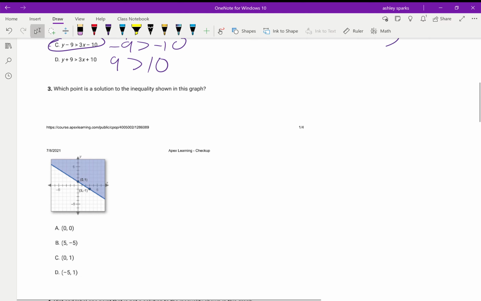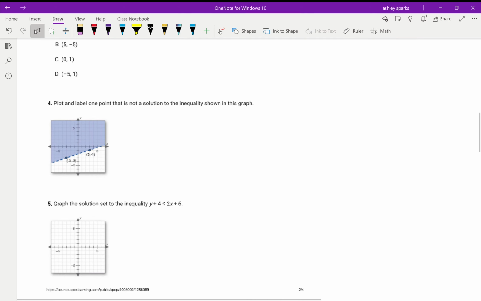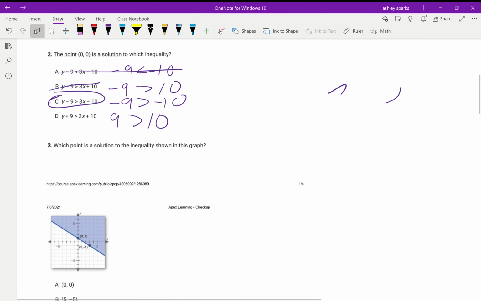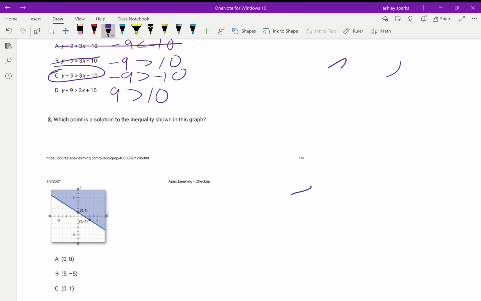Alrighty. So now with inequalities, what makes them very different is you can see there's a shading that will happen for the rest of our problems. If you have a greater than or equal to, shade above the line.